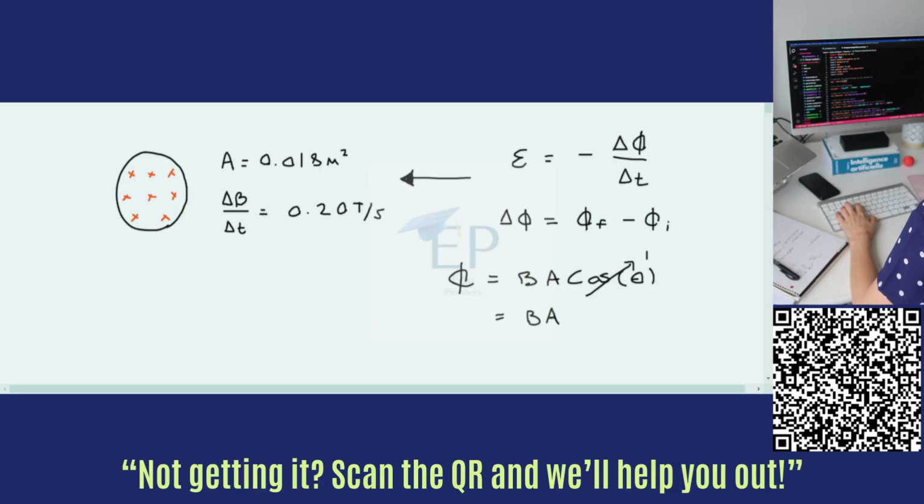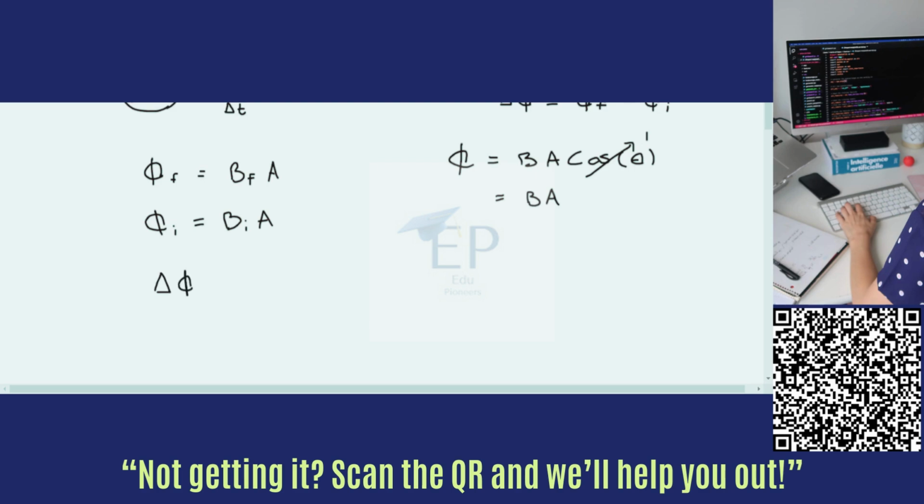So in this first scenario, since we're changing B, but not A, our final flux will be B final times A, and our initial flux will be B initial times A, but A is the same for both situations.